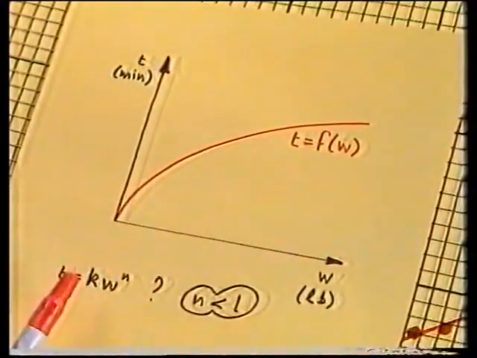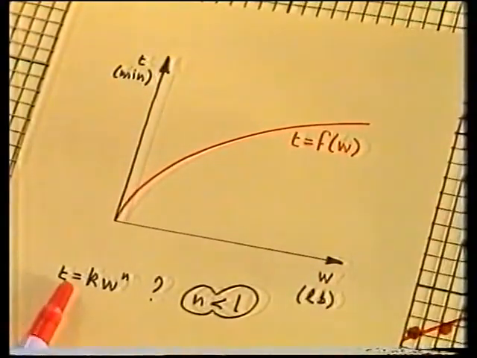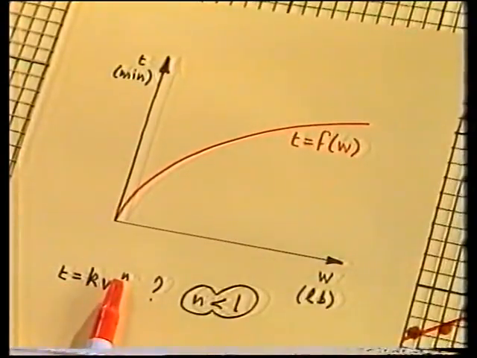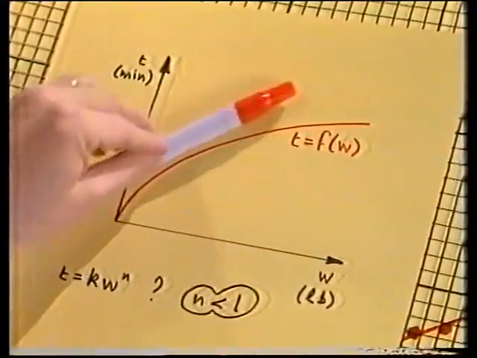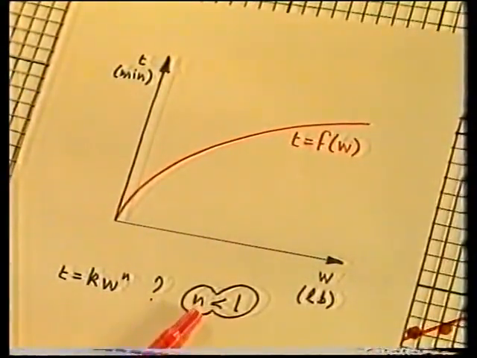Since the graph looks like this, then according to what you've seen earlier in the unit, it could be the graph of a power law T equals kW to the n, where k and n are constants. And in fact, for the slope to decrease as we move from left to right, we'd need to have n less than 1. Well, as you know, the way to test for a power law is to draw a log-log plot.